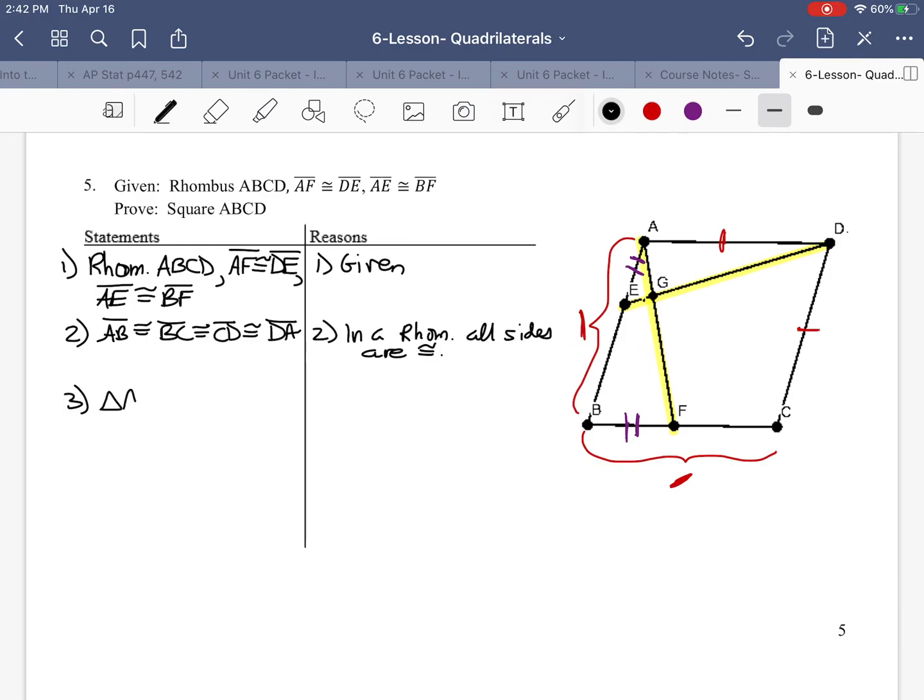So triangle ABF would be congruent to triangle DAE. Just making sure I'm denoting it the same way. Not that it really matters, but little consistency. So the SSS axiom.